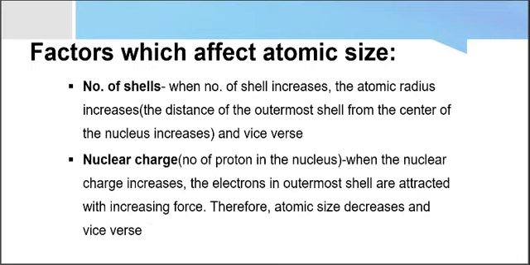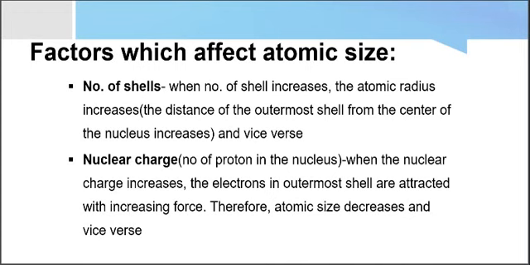Second factor is nuclear charge. Nuclear charge means the positive charge, that is the number of protons in the nucleus. So when the nuclear charge increases, that is the number of protons in the nucleus increases, it exerts more nuclear force of attraction on the outermost shell of electrons.